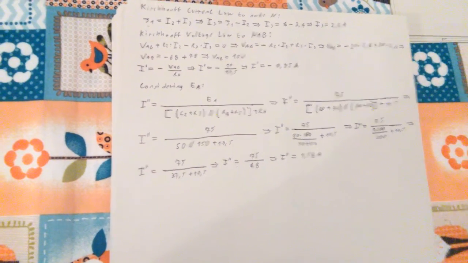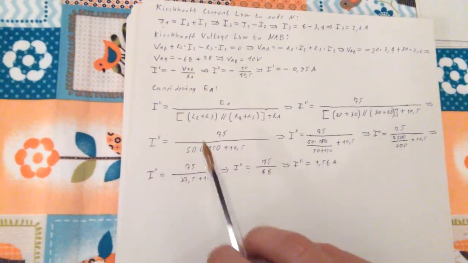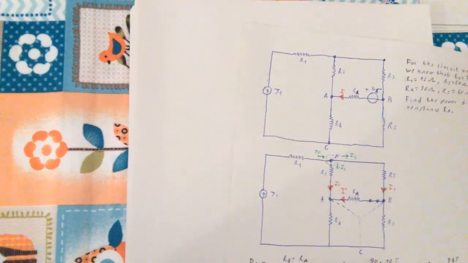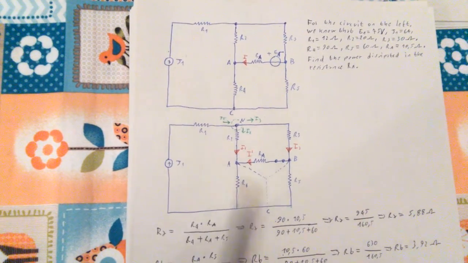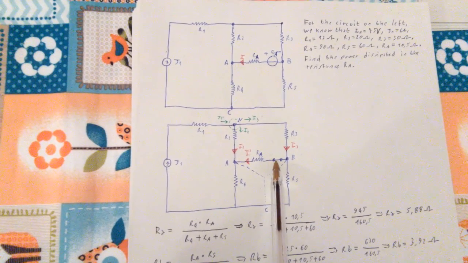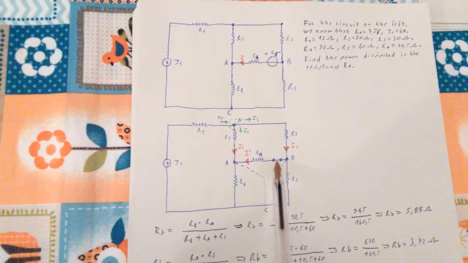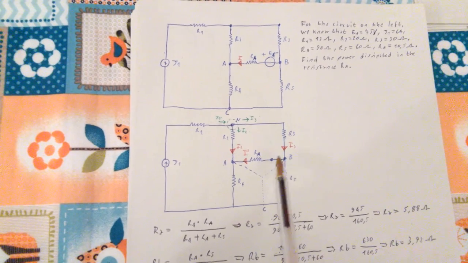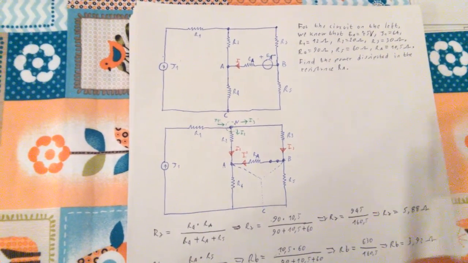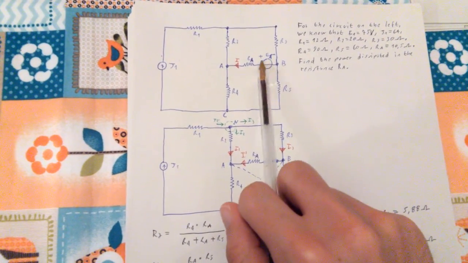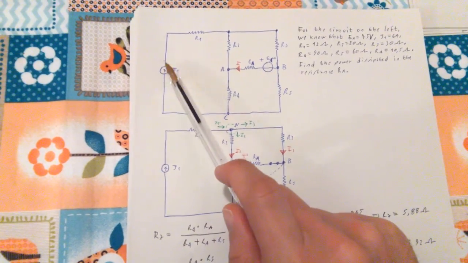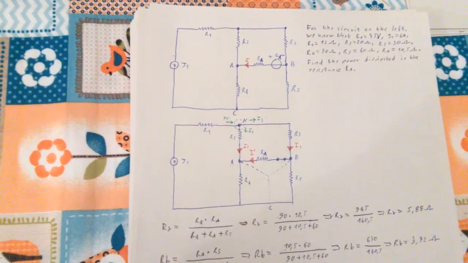So now I have been using the superposition of effects by considering first the generator of current and turning the generator of voltage into a short circuit. Then I didn't draw it again, but I basically considered the generator of voltage and considered the generator of current as an open circuit.